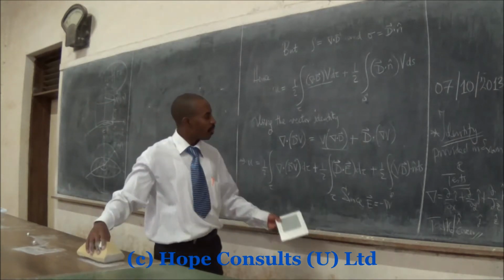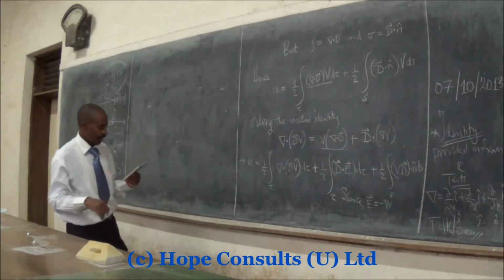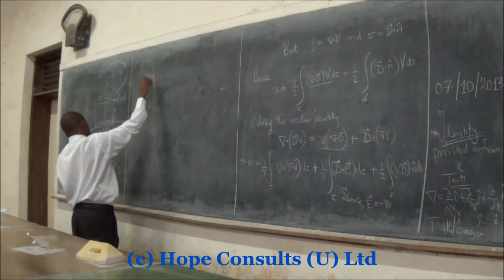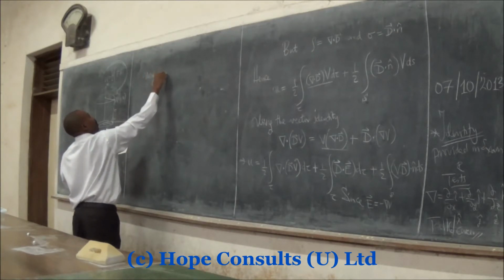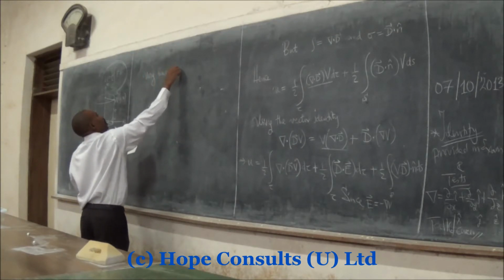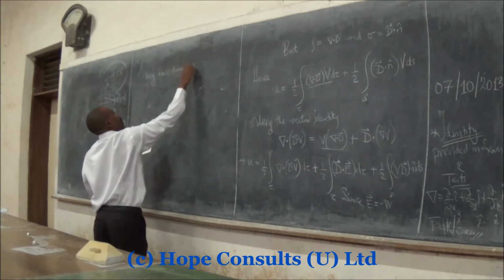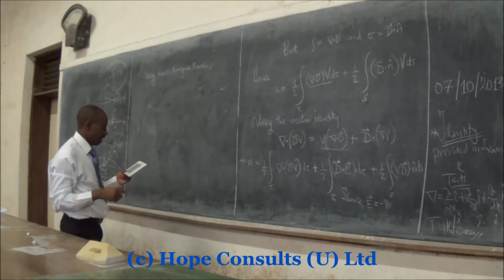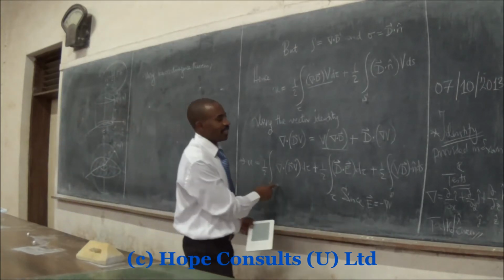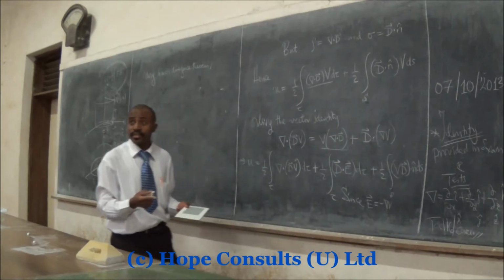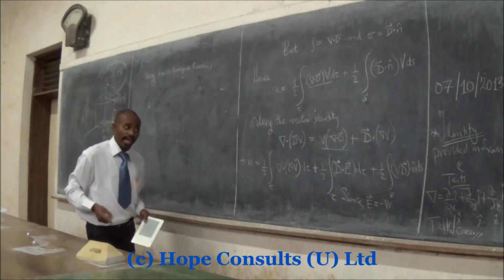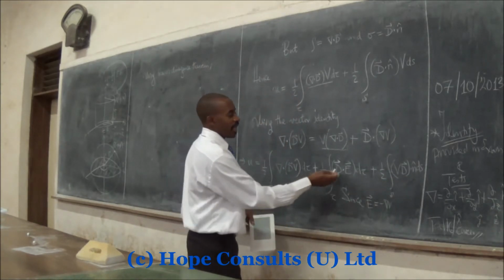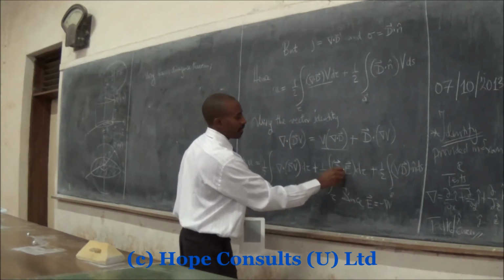Now, if there are no problems so far, then I can use Gauss's divergence theorem. So I can change the volume integral here to a surface integral and see how it would relate to the last term. Otherwise, there's nothing much I can do to this other part.